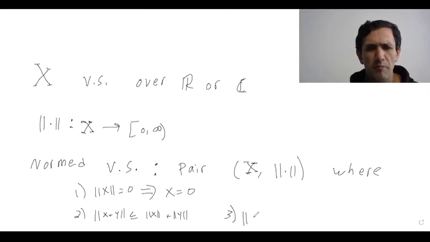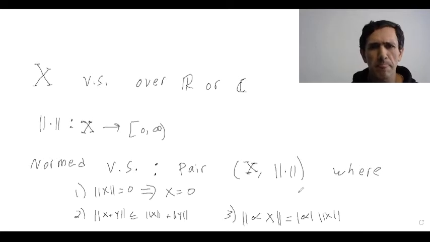So if alpha is a scalar, a real number if we're dealing with vector spaces over real numbers, or a complex number if we're dealing with vector spaces over the complex numbers, then for any scalar alpha and any x in big X, we can just pull out alpha. So if all three of these are true, then we call this function a norm.